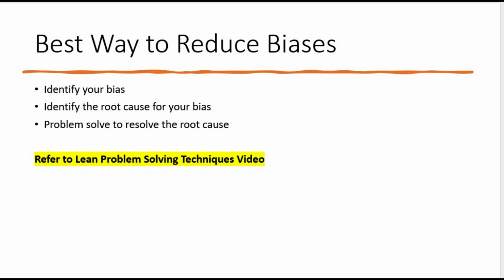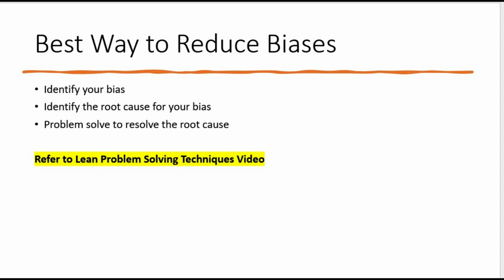Identify the root cause of why you keep falling into this bias or this trap. After you identify the root cause, you problem solve to eliminate the root cause as opposed to the symptom. I strongly recommend that after watching this video, go and watch my video on lean problem solving techniques, which helps you to explore the root cause and problem solve the root cause in a lean manner, in an efficient manner.